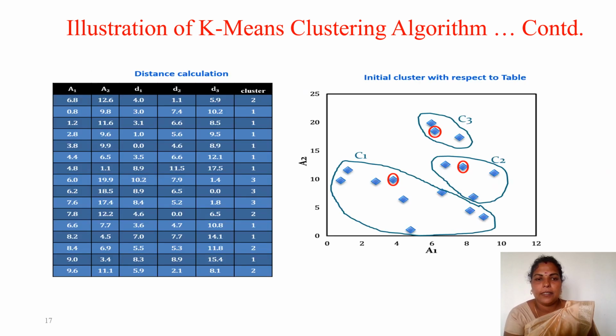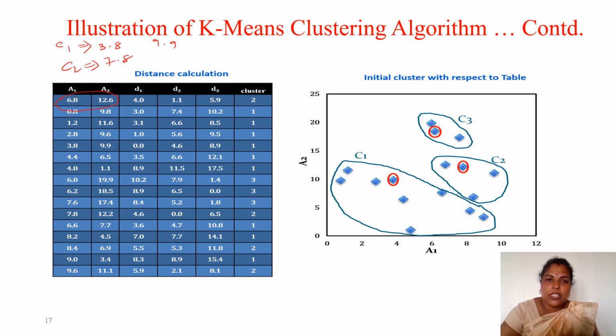Let us see that. Here I am working out for the first sample. The centroids, as given in the previous step, are: C1 is 3.8, 9.9; C2 is 7.8, 12.2; and C3 is 6.2, 18.5.